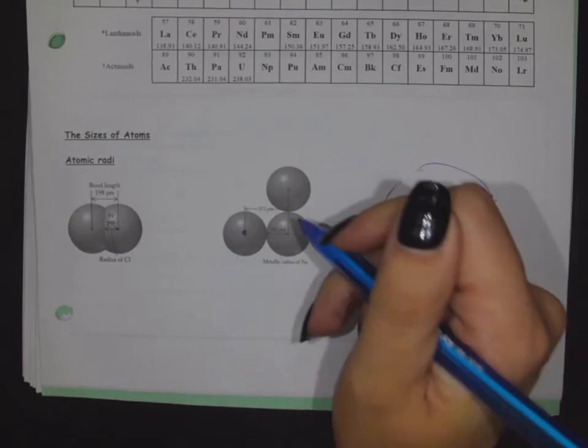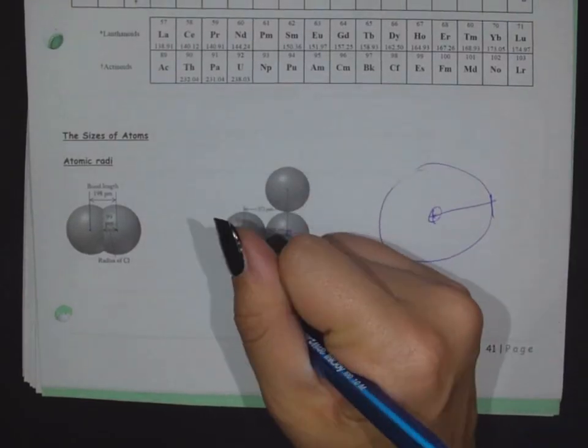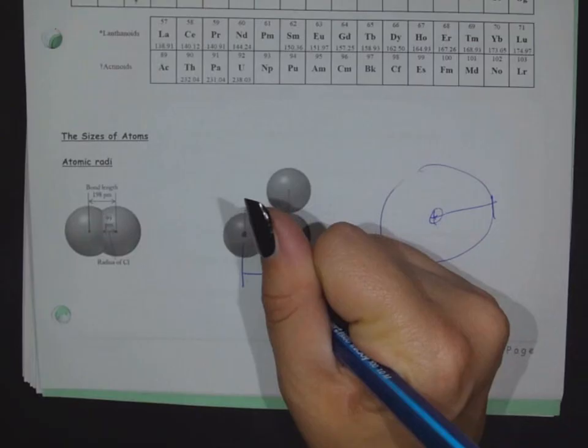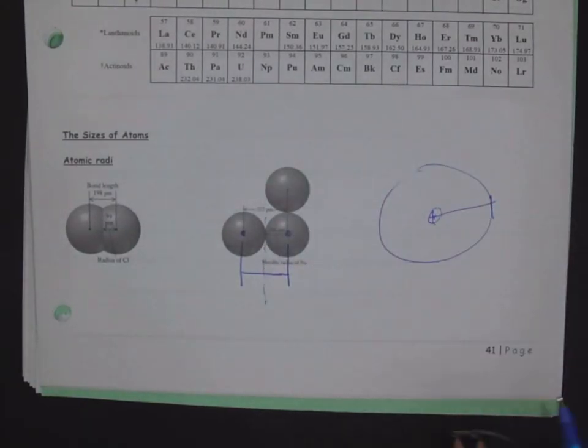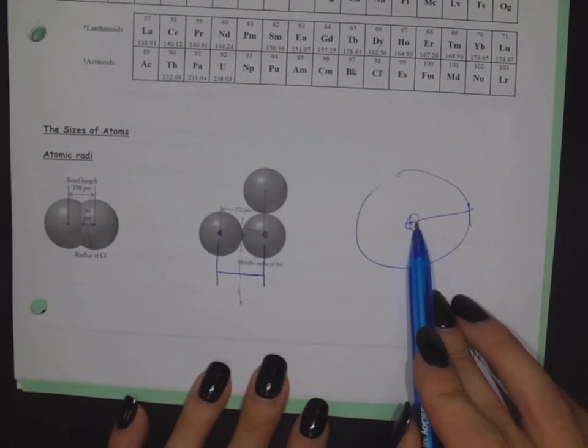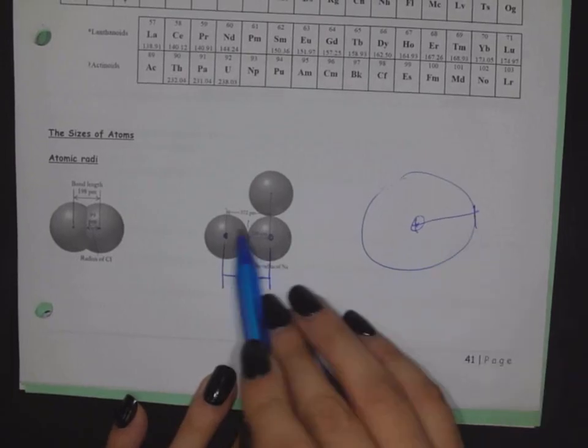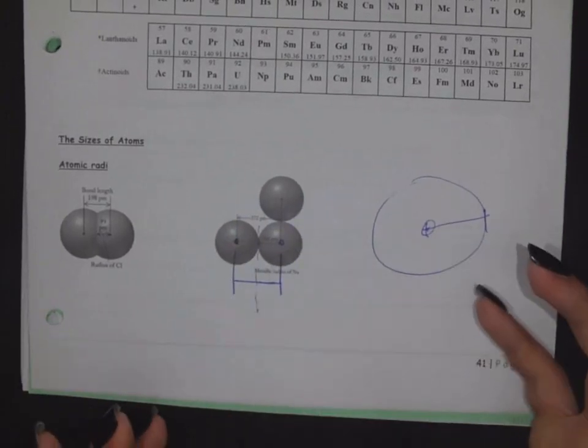They'll say, okay, this is the distance between those nuclei, and then they divide it in 2 to get the atomic radius. So for all intents and purposes, just know we're talking about this concept, but that's the actual form of measurement for that.